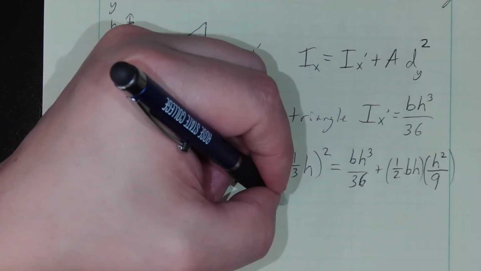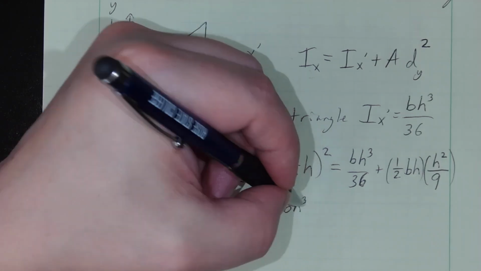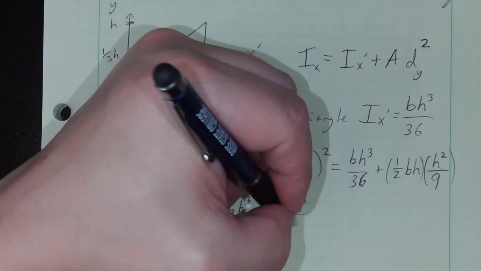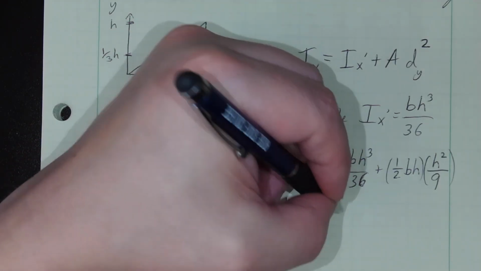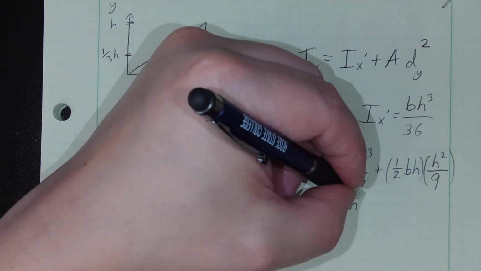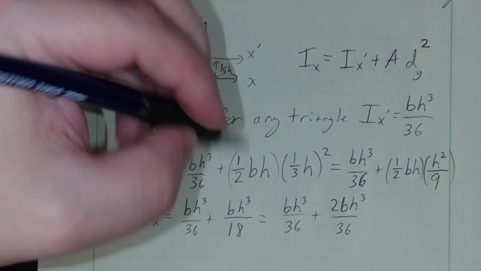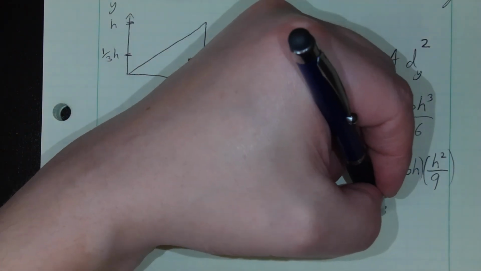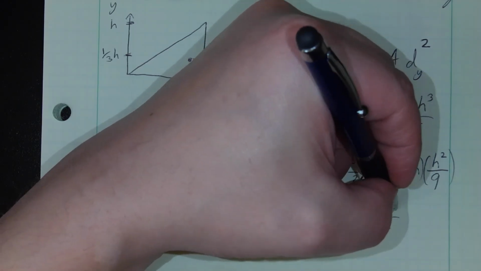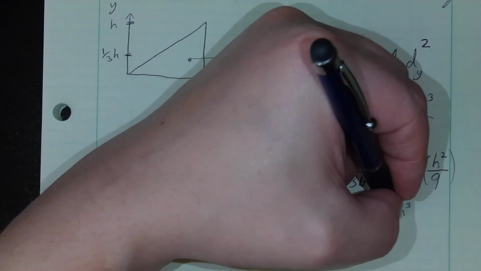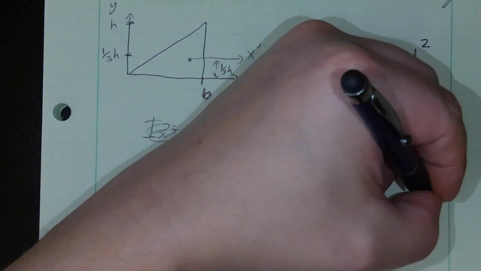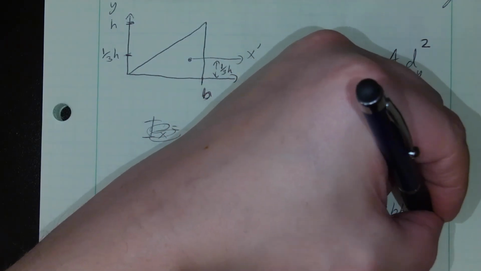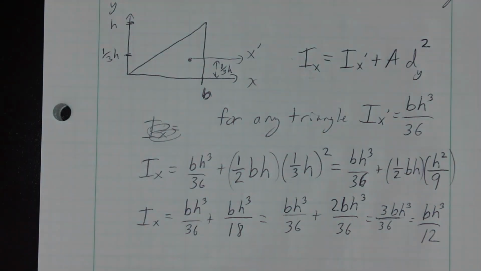So this is bh cubed over 36 plus 2bh cubed over 36. This is going to equal 3 over 36 bh cubed, which becomes bh cubed over 12, which is what we found earlier through using calculus methods.